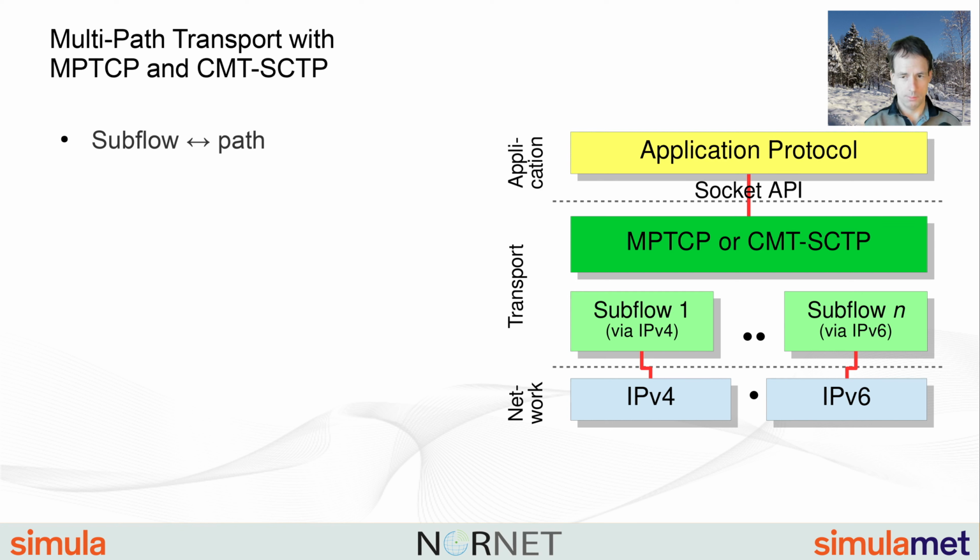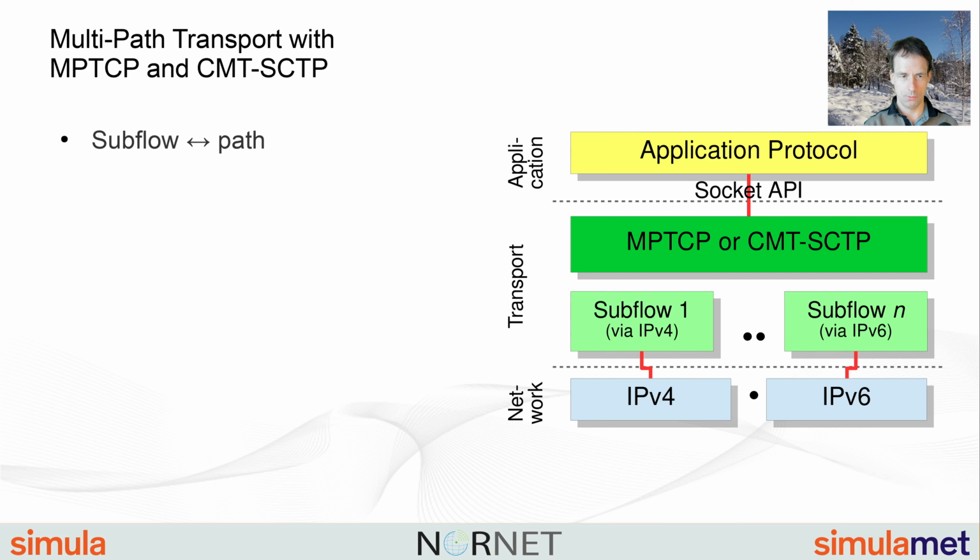In the most extreme case, for example, you can start in a pure IPv4 network, later add IPv6 addresses, and later remove the IPv4 addresses, having an upgrade from IPv4 to IPv6 without breaking the transport connection. Of course, this is the most extreme case, but it's quite convenient that you can do this if you like.